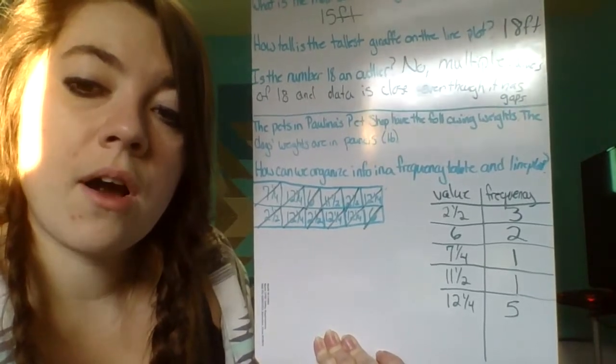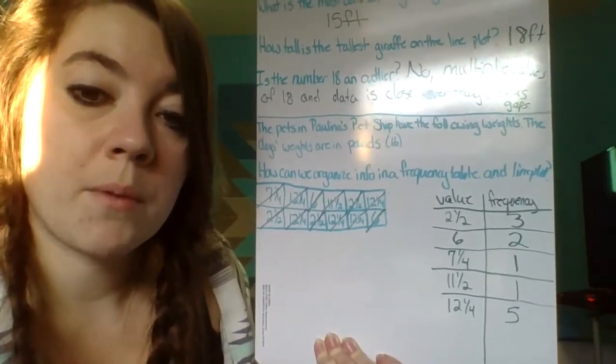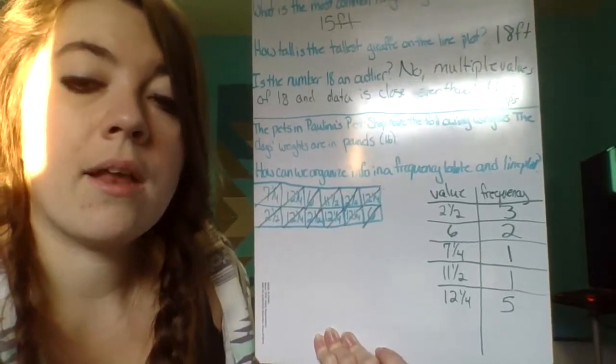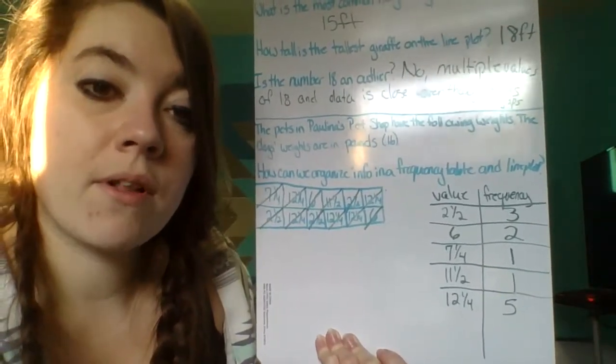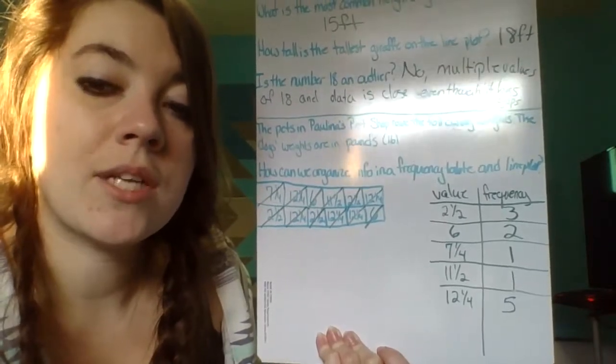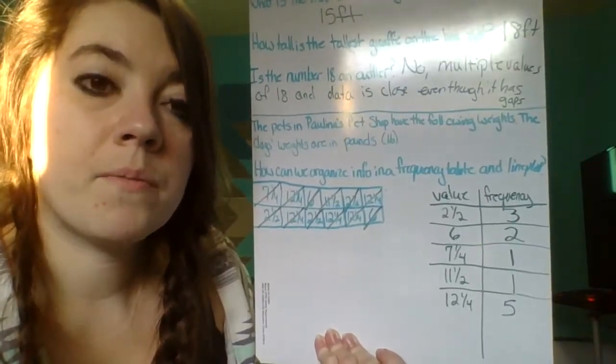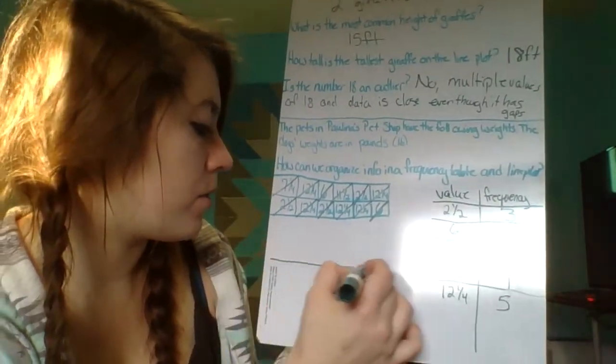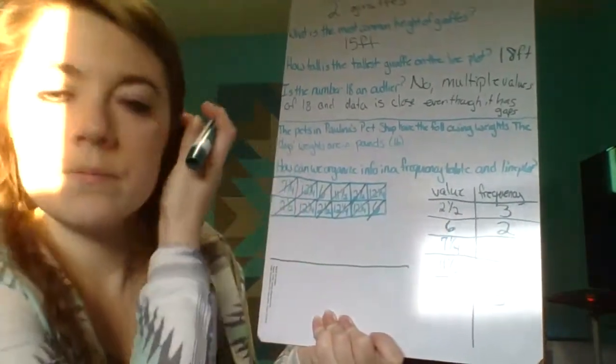So this is what's known as a frequency table. It's where we include all the values of our data set and we write the frequency of all of them occurring. It makes it a little easier to see all of our information and then make a dot plot from that. So here is our line.